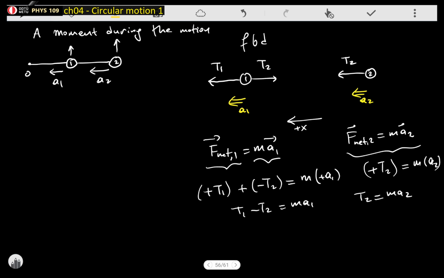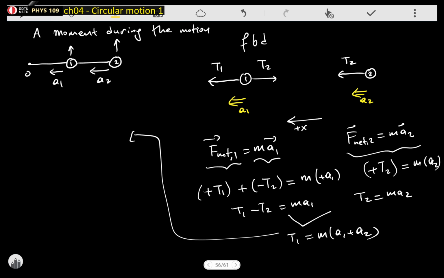So therefore, from here, we just deduce that T1 is equal to m times (A1 plus A2). Let me go to that side, therefore. So in that case, if I write T1 divided by T2, the masses cancel, and as a result, I'm going to get A1 divided by A2 plus 1. So as a result, I need to find the ratio of the accelerations.